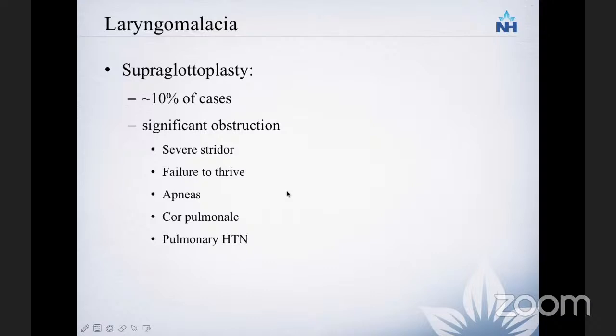When there is a significant obstruction, a severe stridor, as we saw in the previous case, severe retractions, failure to thrive, apnea episodes. That is a very important indication. Or the child develops cor pulmonale or pulmonary hypertension. This is the time when the child requires surgical intervention. Surgical intervention is basically a supraglottoplasty.